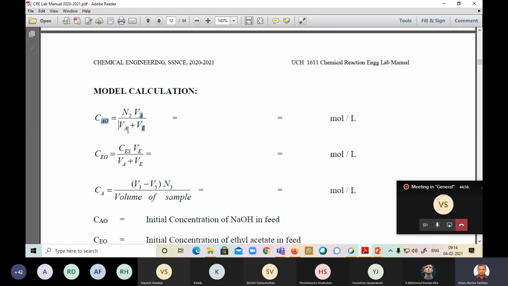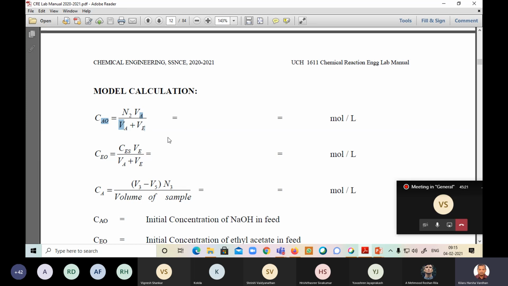VA is 300 and VE is 400. VE is the volume of the ethyl acetate and VA is the volume of the NaOH. If you are taking 500 of NaOH and 500 of ethyl acetate, you have to put 500 and 500.